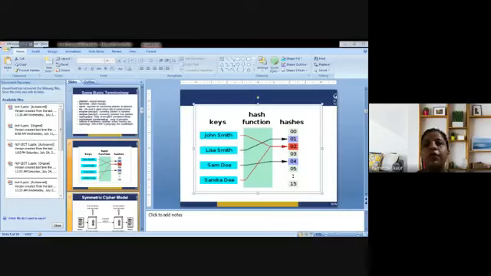You can have a look at the keys that map names to integers from 0 to 15. There is a collision between the keys John Smith and Sandra D. Two keys are referring to the same hash, that is 02. So there is a collision between two hashes.